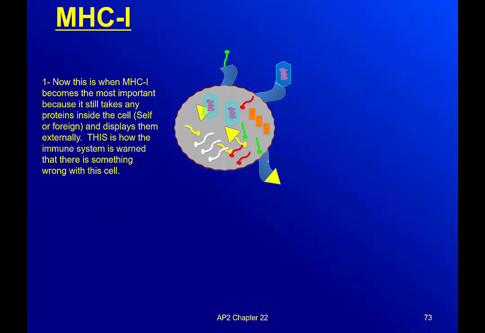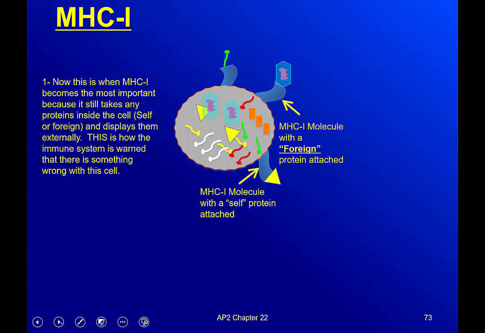So in this case, I picked up a self protein. In this case, I didn't. And in this case, I didn't. So when MHC starts displaying these things that it's finding, all of a sudden now I'm displaying something that's foreign. It's not an antigen that my body normally makes. So I've got MHC1 with a self protein, and I've got MHC1 with a foreign protein.